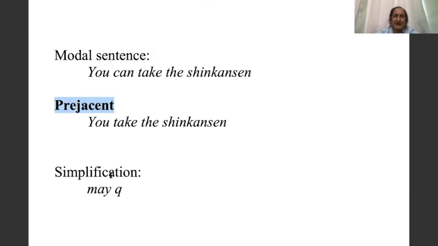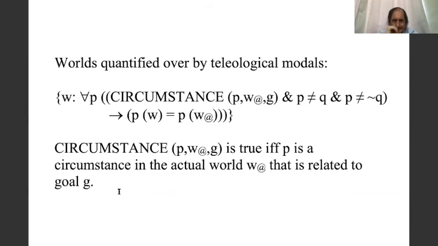And we can simplify that as saying this is of the form, I'm sure this should be can and not may, can Q, okay? So the worlds quantified over by teleological modals are worlds where the circumstances are the same as they are in the actual world.